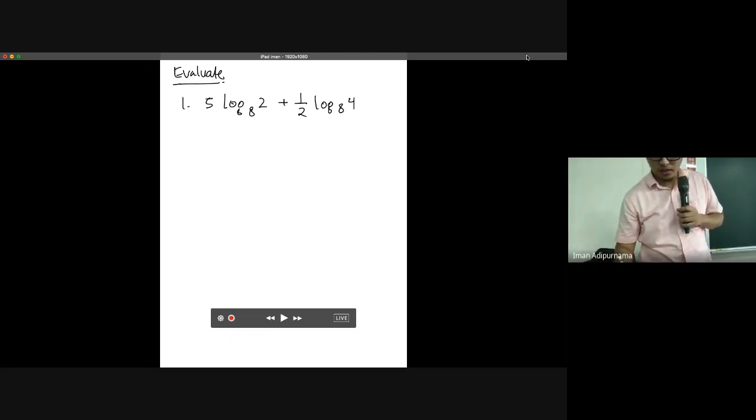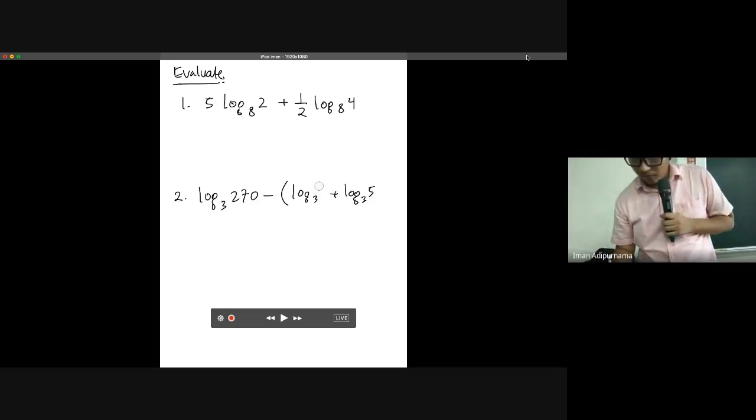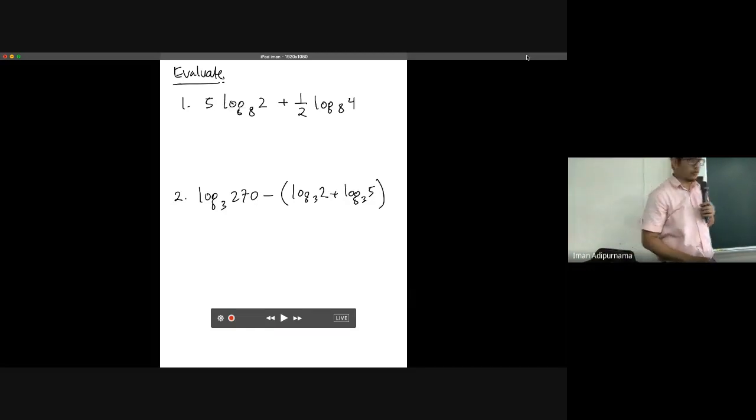Evaluate. So the first one is 5 log with a base of 8 of 2.